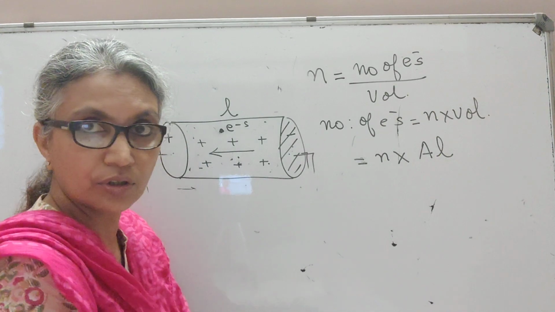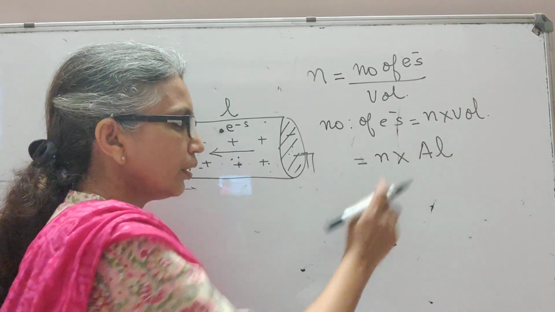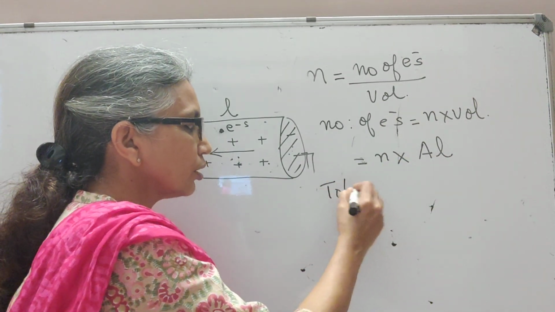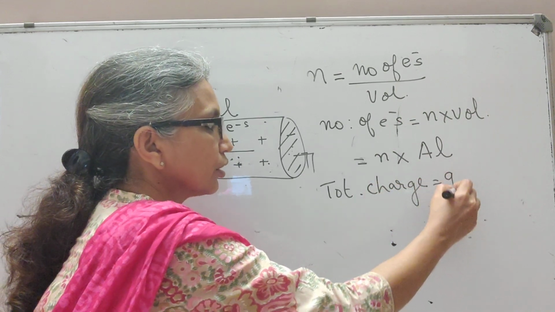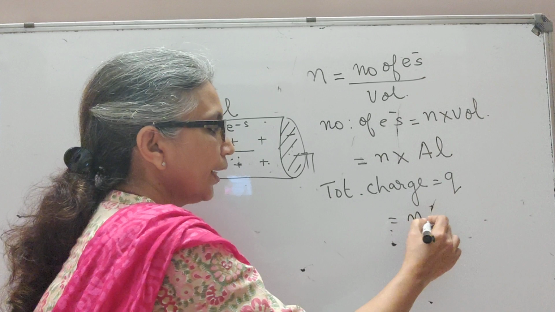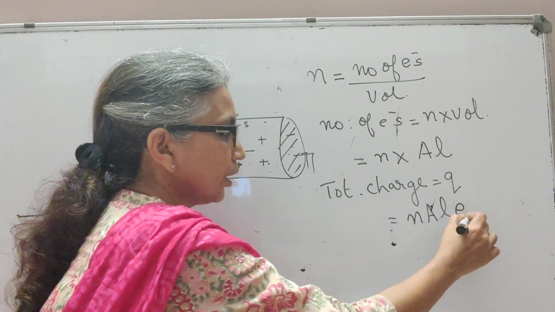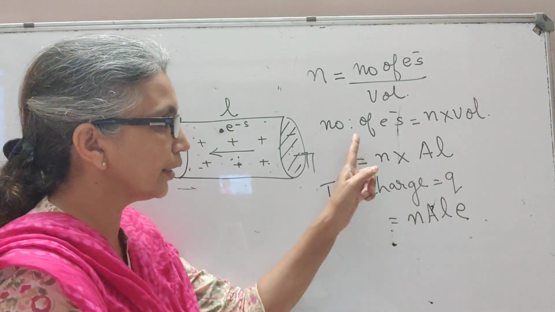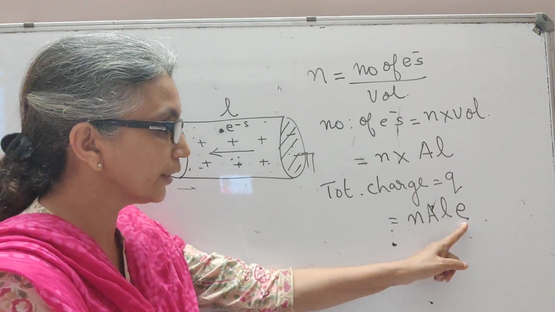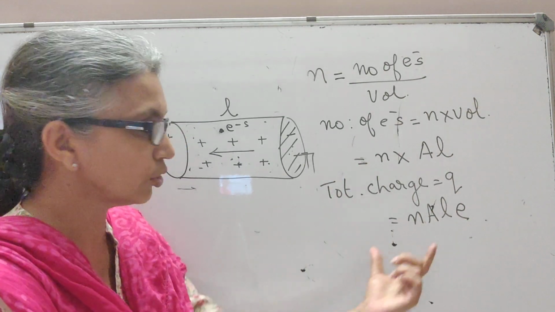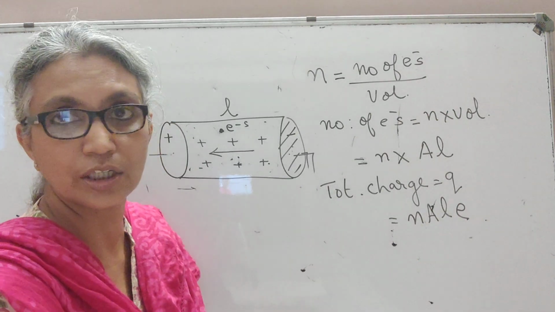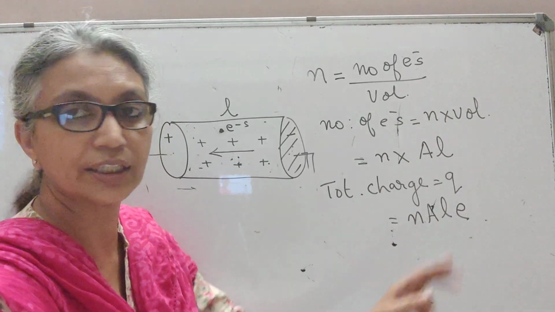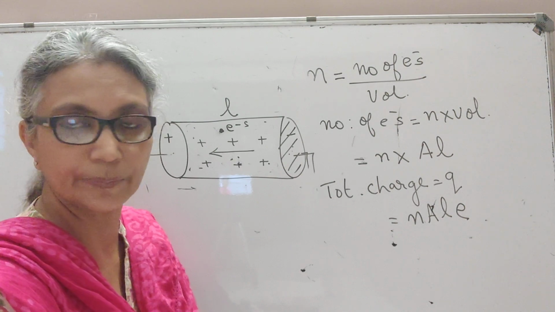If you know the number of electrons, that is N into A into L, then I can find the total charge in the conductor, because total charge Q must be equal to NAL into e, because NAL is the number of electrons and e is the charge on each electron. So total charge will be total number of electrons multiplied by the charge on each electron. That's how I got the expression NALe.